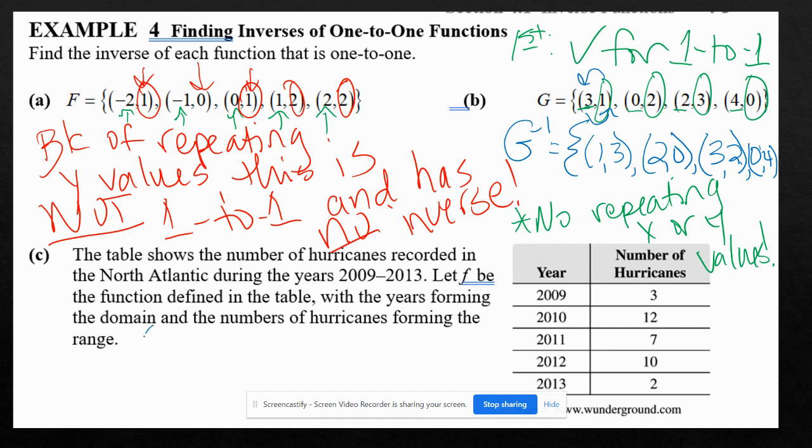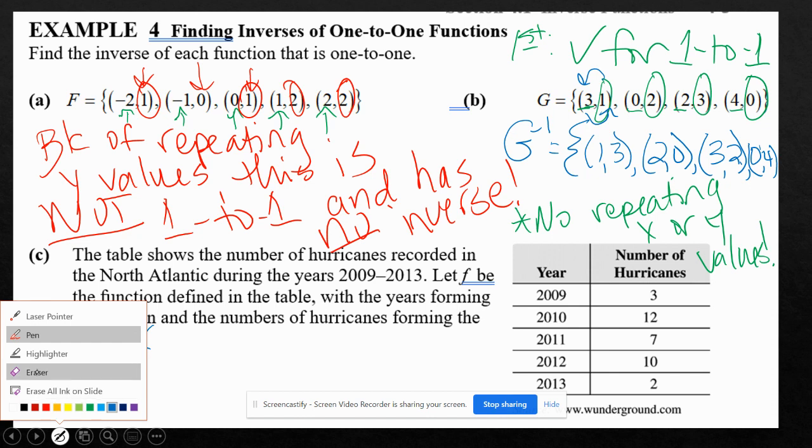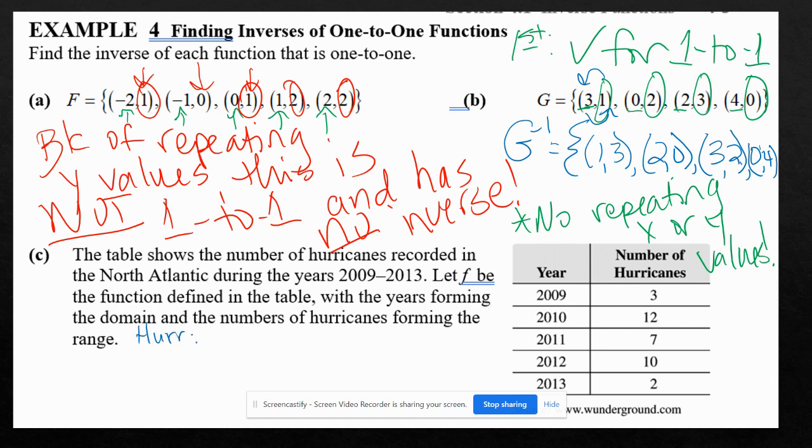And so to make our new table for our inverse, we're going to have hurricanes on the left side, and then year on the right side. 3, 2009. 12, 2010. 7, 2011. 10, 2012. And 2, 2013. Taking the x and the y column and making them trade spots.